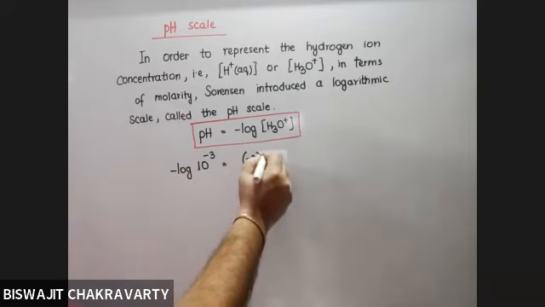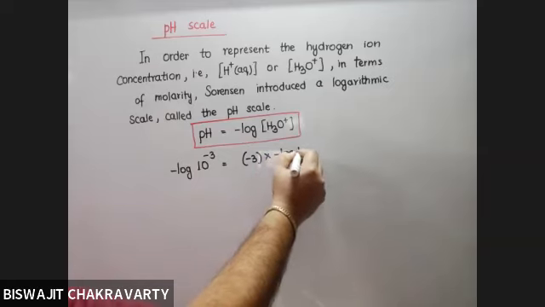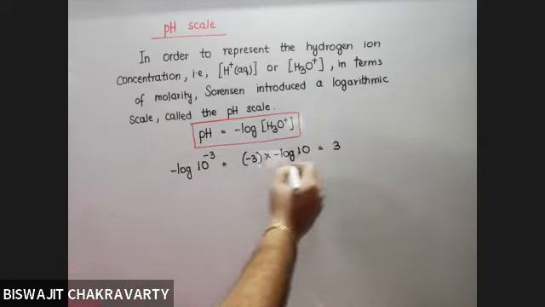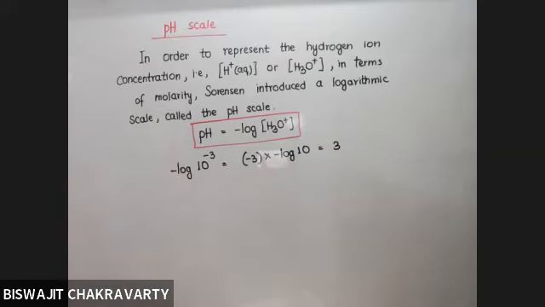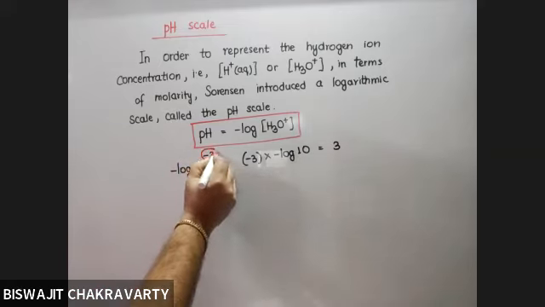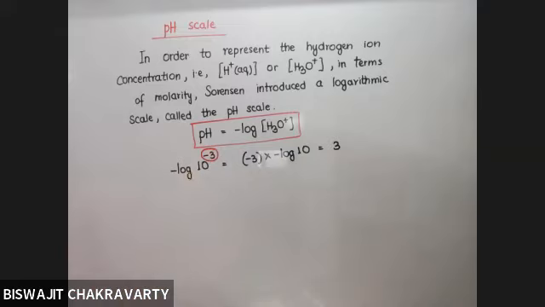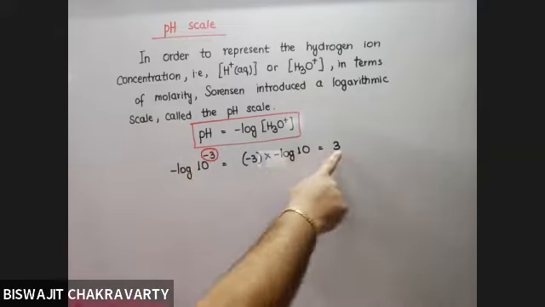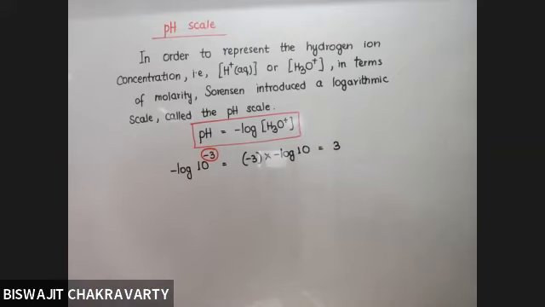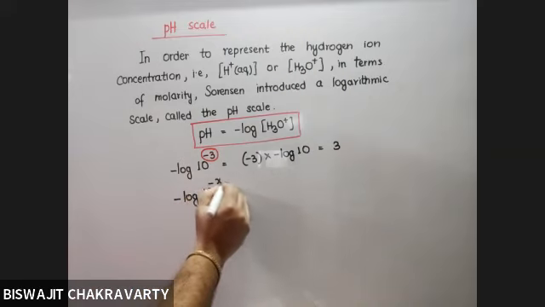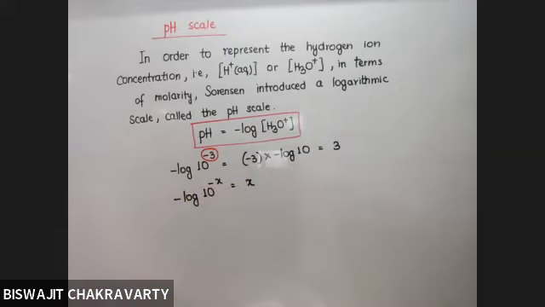It is minus 3 multiplied with minus log 10, which comes out to be simply 3, because log of 10, remember, is 1. So whatever number was in negative form over 10, if I put minus log over it, then it will be reduced to a number 3. So similarly, minus log of 10 to the power minus x will be simply x. So hence pH scale is introduced to convert all these exponential values to simple values.